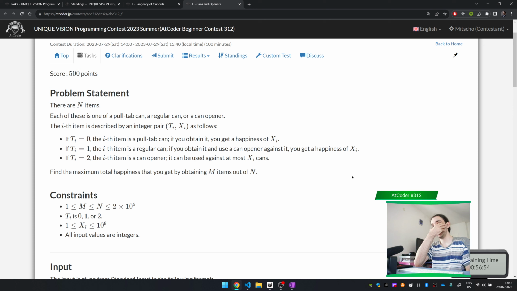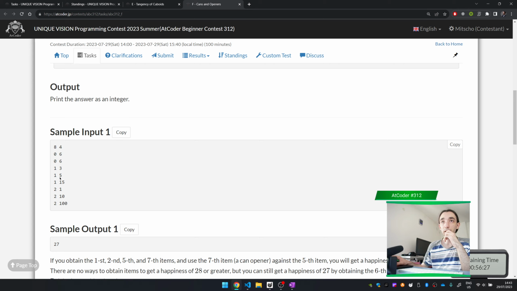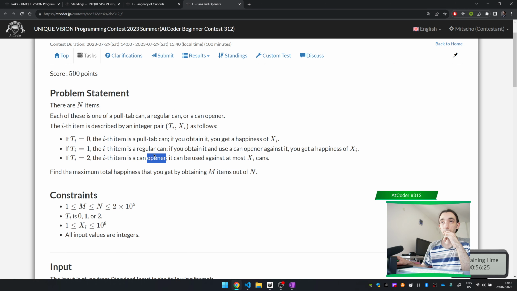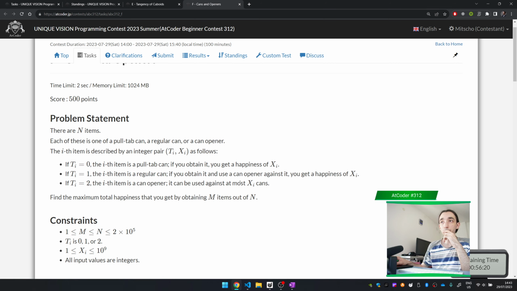Happiness of xi. If the happiness is bigger than the happiness... Wait, you would only use the most... Well, you would sort the can openers, right? So you would get the can openers and you would sort. If you buy a can opener, you will buy the most powerful one.